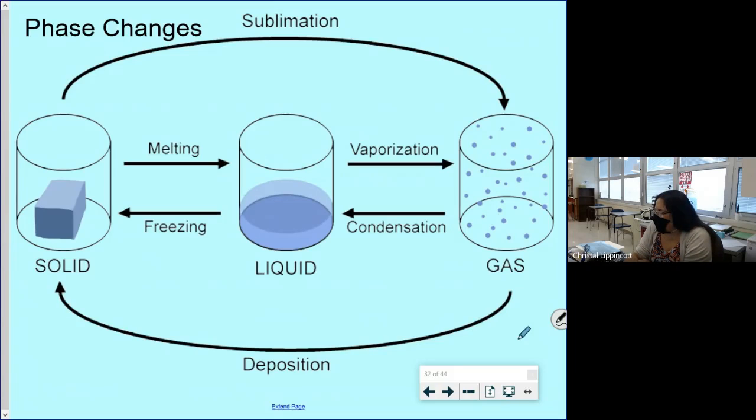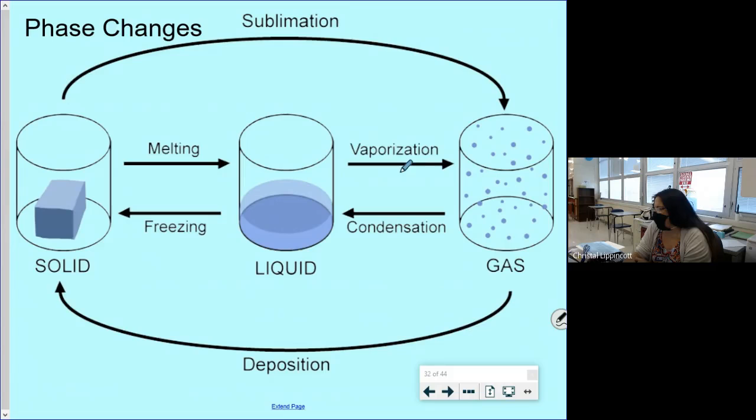But in case you missed it, the ones that people typically struggle with are gas to a solid, which is deposition, and a solid to a gas, which is sublimation. And then vaporization, remember we have two examples of that.